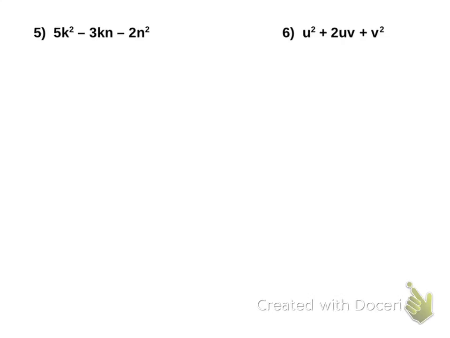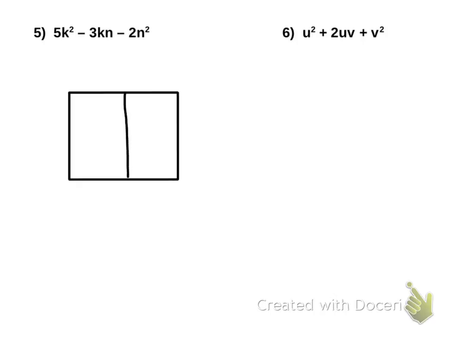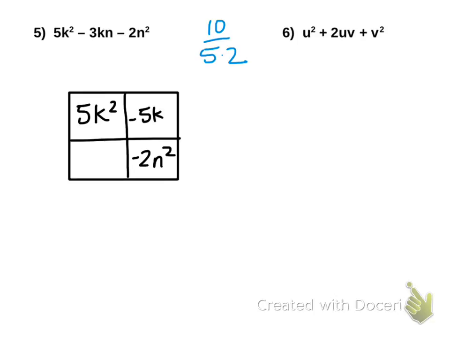Again, two variables. My coefficient in front of my square term is not 1, so I'm going to use the box method. So I have 5k squared minus 2n squared. I'm finding factors of 10 that are going to subtract to give me 3, so I'm going to think that's going to be 5 times 2. So I have minus 5kn and plus 2kn.